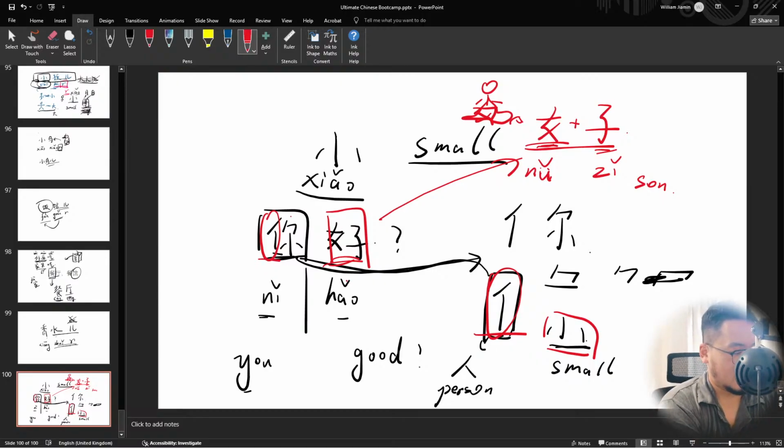Once you've made that connection, you know the character and how to pronounce it, and then you can move forward. But you have to do that for every character, and Chinese is like every character. So I think that's the hardest part of learning Chinese, because you have to memorize so many characters. And it just takes time, just like any other language.